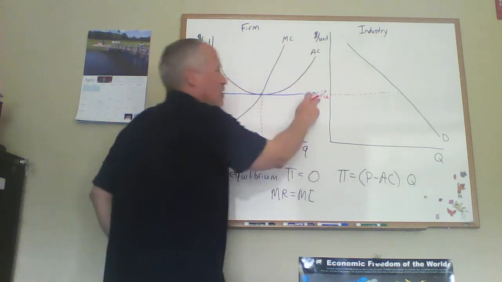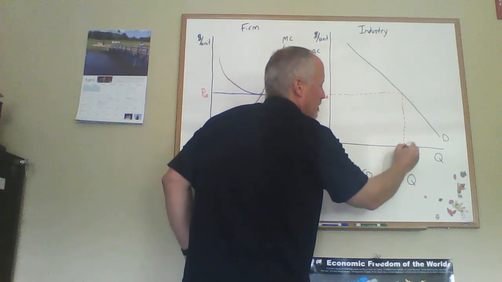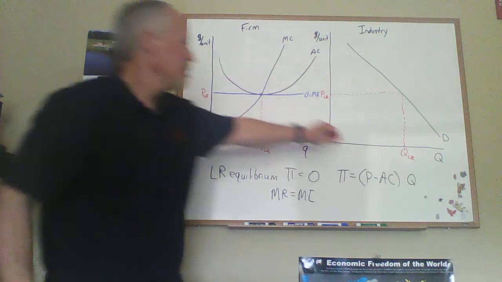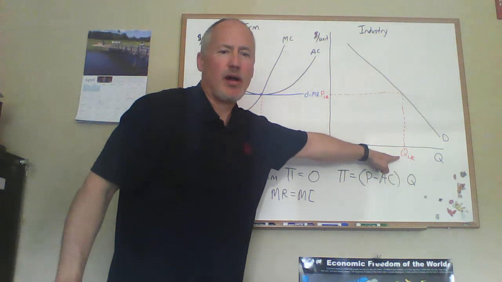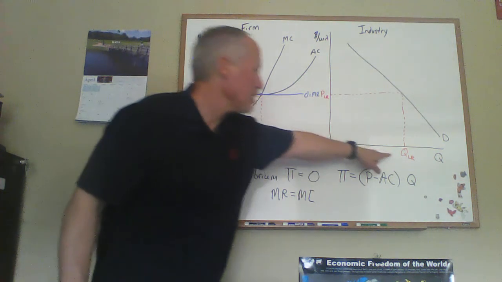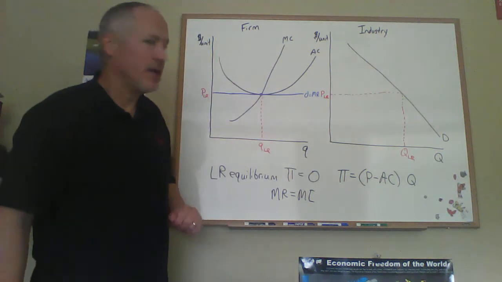Now, at this price, the market demand is telling us consumers want to buy QLR units of this good. So at this price, the market demand curve tells us how much consumers want to buy in the aggregate.